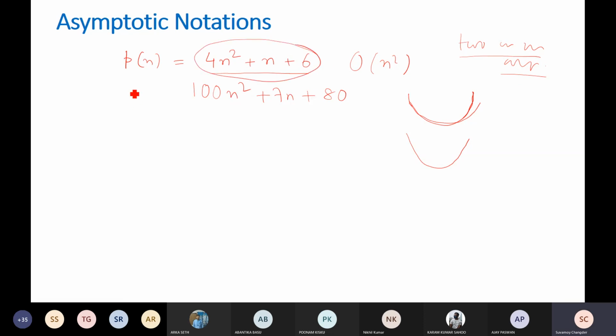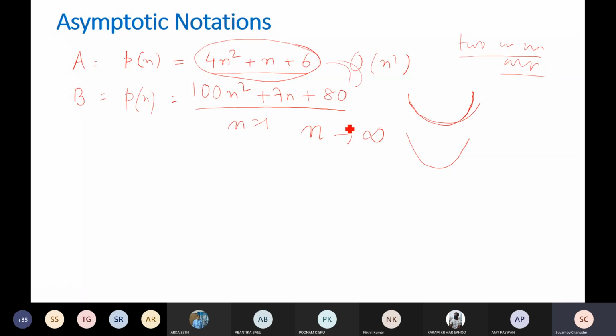So suppose one algorithm, say let A, is having the time complexity 4n square plus n plus 6, and another algorithm B is having the time complexity with the polynomial 100n square plus 7n plus 80. So the thing is that how to compare these two? Should we put the value of n equals to 1 to how many? Because we told that our input is very large, that is n tends to infinity.